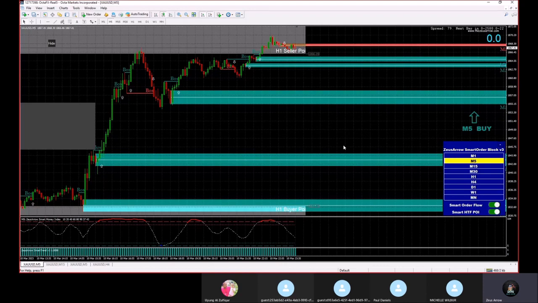Now, how do we know which setup is A plus or which is not as good as A plus? It depends on the confirmations. The more and the better the confirmations you have for the setup, the better the quality of that setup.